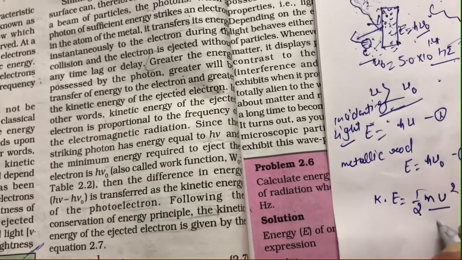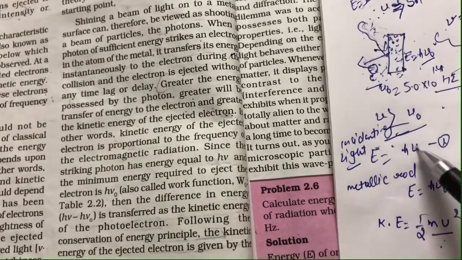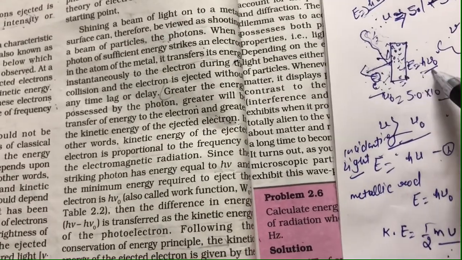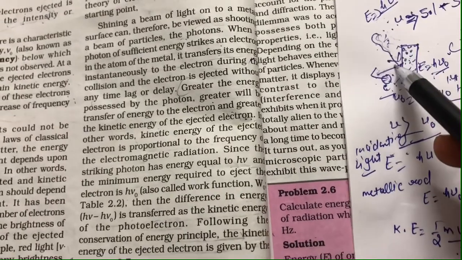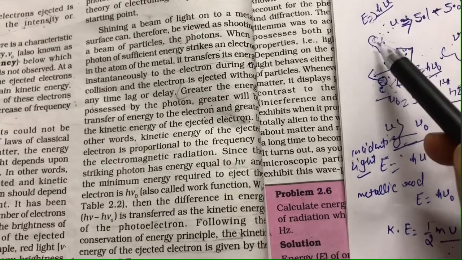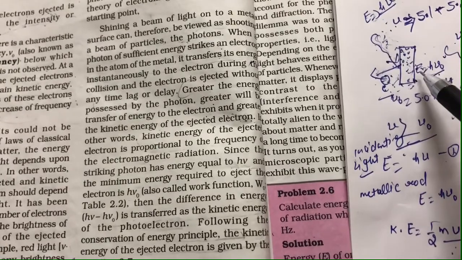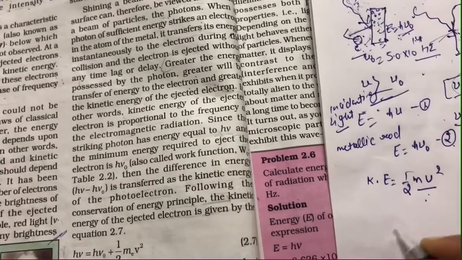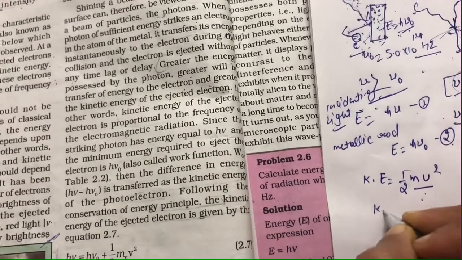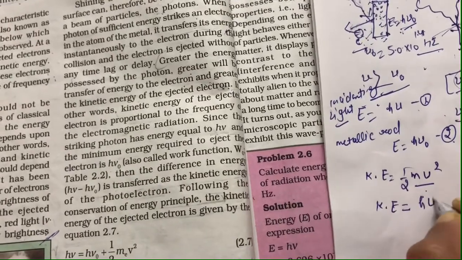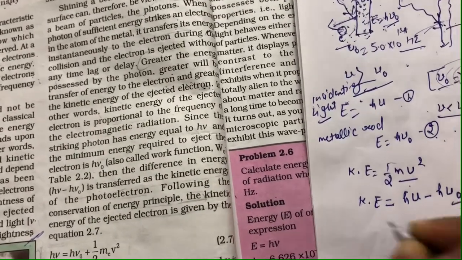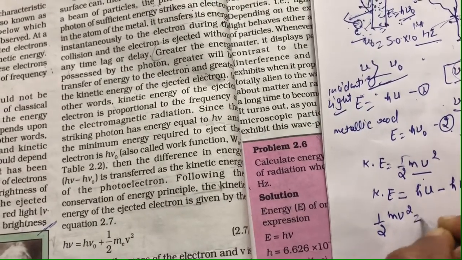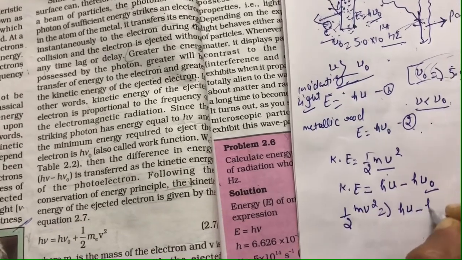Clear? Here the kinetic energy we get by subtracting the energy of the rod we are using from the energy of the incident radiation. So kinetic energy equals h nu minus h nu naught. The expression for kinetic energy is half m v square, which equals h nu minus h nu naught.